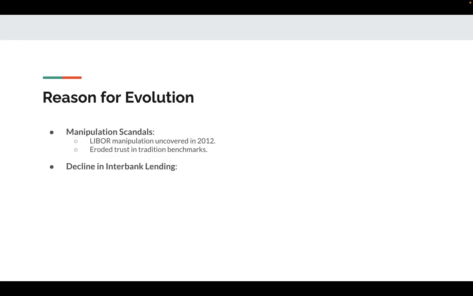There were other factors as well. In the 2008 financial crisis, unsecured interbank lending was reduced as banks became more risk averse, because they did not know whether the other banks would be able to repay or whether they would be able to survive or not.